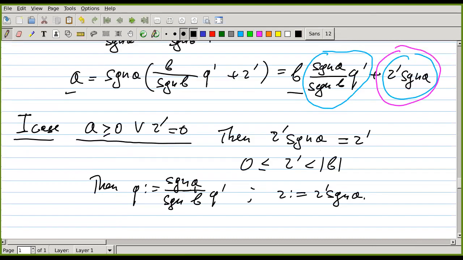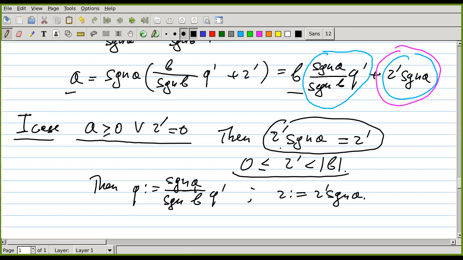Up to now, we have considered just one case, when either A prime is 0 or A is greater than or equal to 0. In this case, this one equals A prime. A prime belongs to the required range and everything is okay.